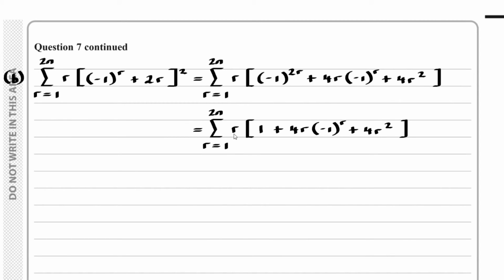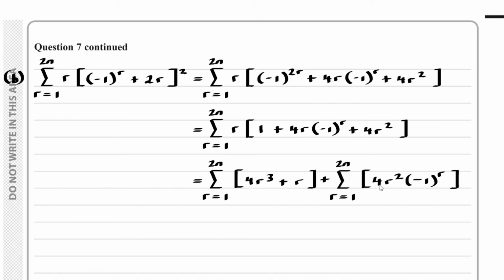Now what we can do is multiply the r by the 1 and the r by the 4r squared to give us the sum from r equals 1 to r equals 2n of 4r cubed plus r. But then I still have the r times the 4r times the negative 1 to the r, and that's equal to 4r squared multiplied by negative 1 to the r. So it remains the same.